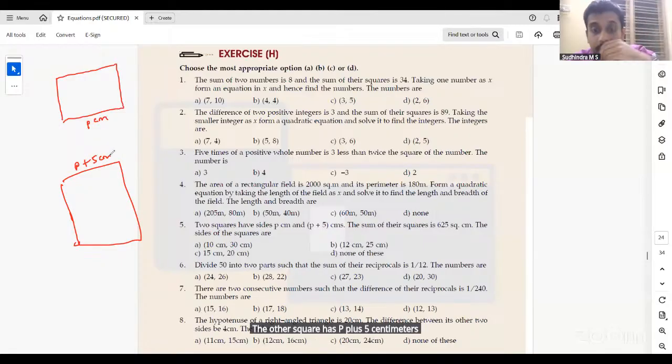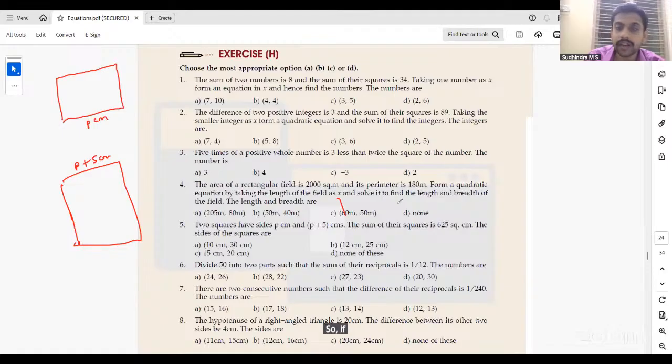The sum of their squares is 625 centimeters. Then what are the sides of the squares? If sum of their squares, what does that mean? P square plus p plus 5, the whole square, is equal to 625.